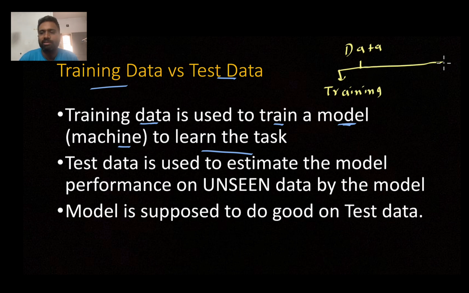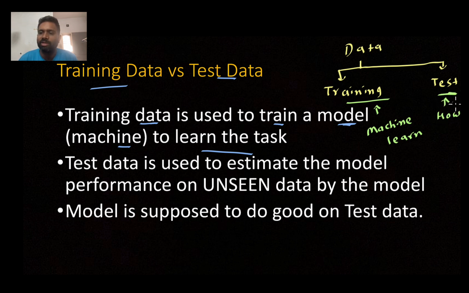We'll discuss it in later videos also, but this is just for understanding. We divide the data into these two segments, and one segment will be used for making the machine learn. The machine will learn from this segment, and from the other segment we evaluate how good the learning is.